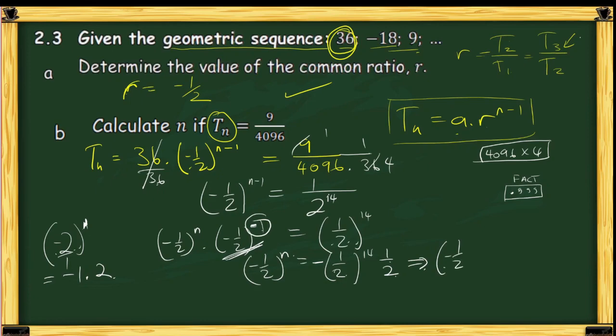We'll have minus 1 over 2 all to the power n being equal to negative 1 over 2 to the power, well, if you put this in brackets, 14 plus 1 gives us 15.